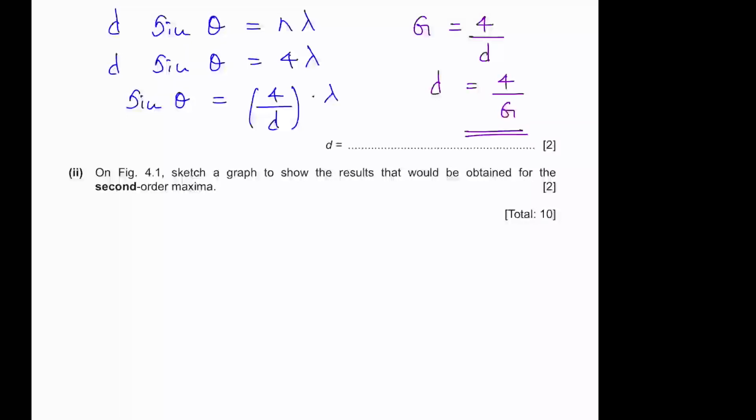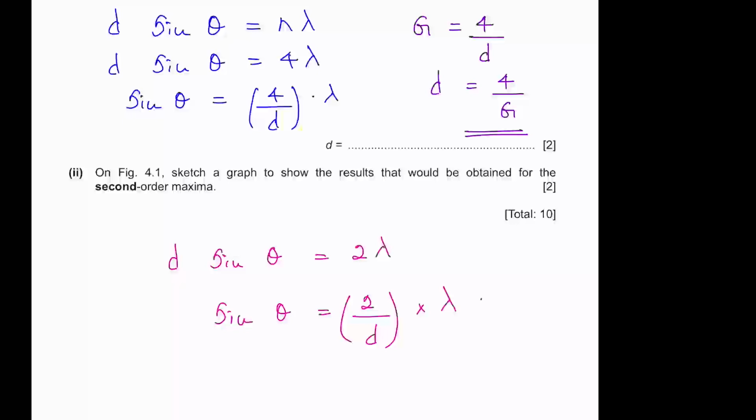Correct. On figure 4.1, sketch a graph to show the results that would be obtained for the 2nd order maximum. So guys, 2nd order maximum means the same thing, but now d sine theta equals 2 lambda instead of 4 lambda. So sine theta equals 2 over d times lambda.